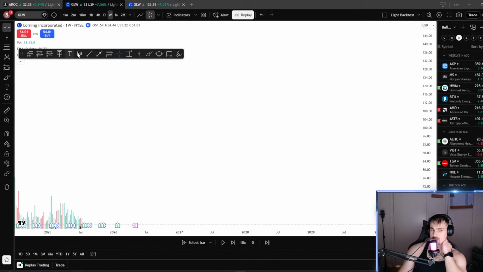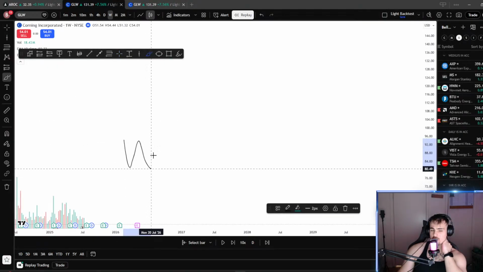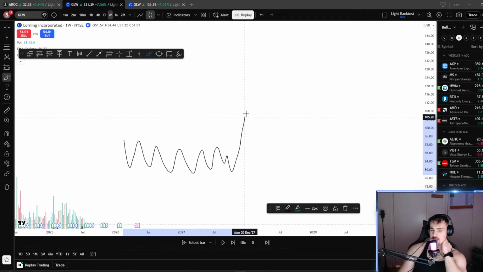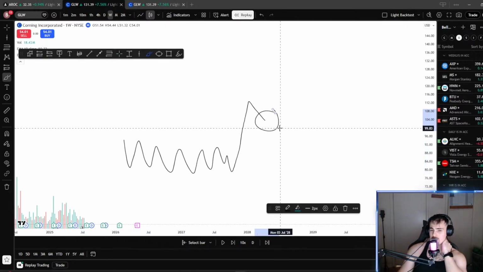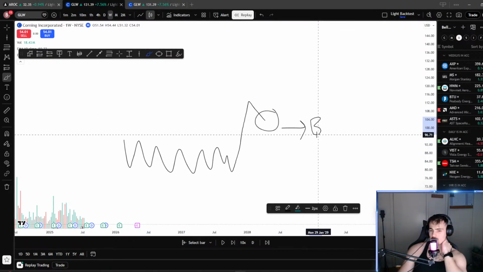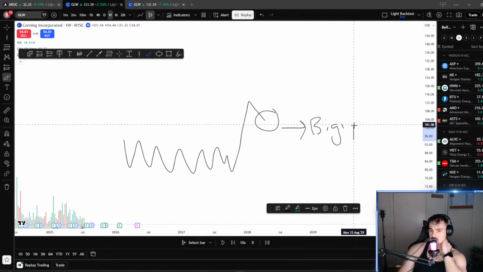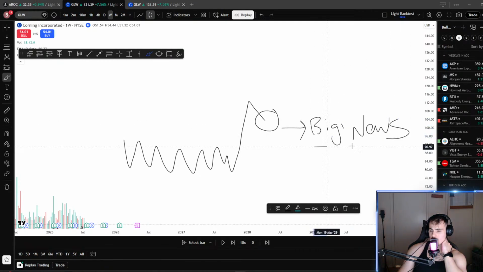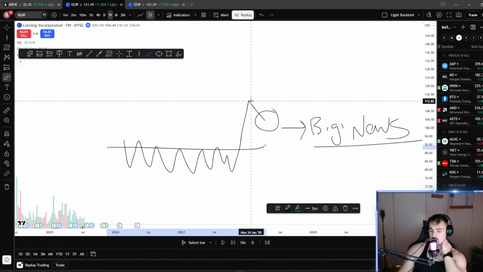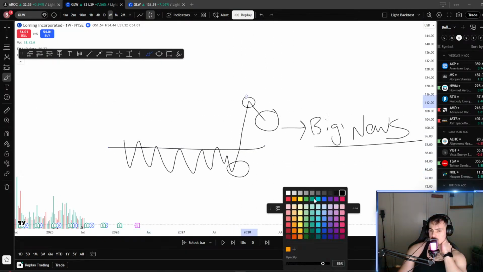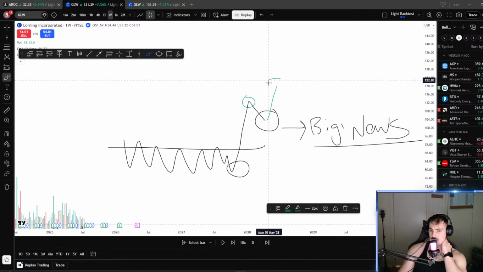Because if I see a chart that's been consolidating forever, then it finally breaks out into a trend and makes a pullback right here. Say big news comes out right here. So big news. Then I'm happy, because price is breaking up out of an accumulation, confirming accumulation, and is making a pullback in a structure point that's making a higher high with a higher low to now potentially make that higher high here.